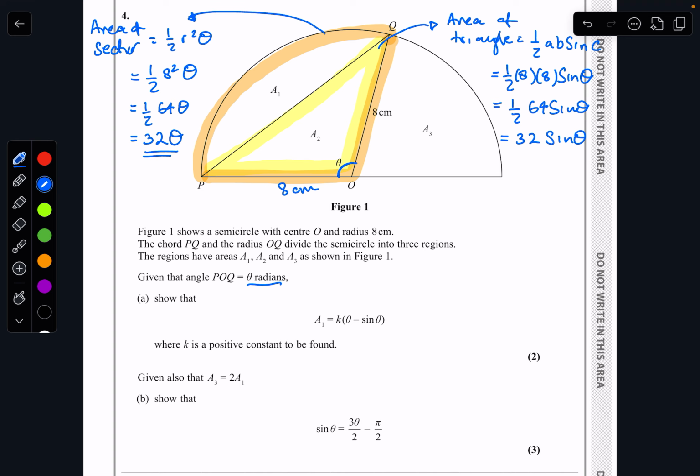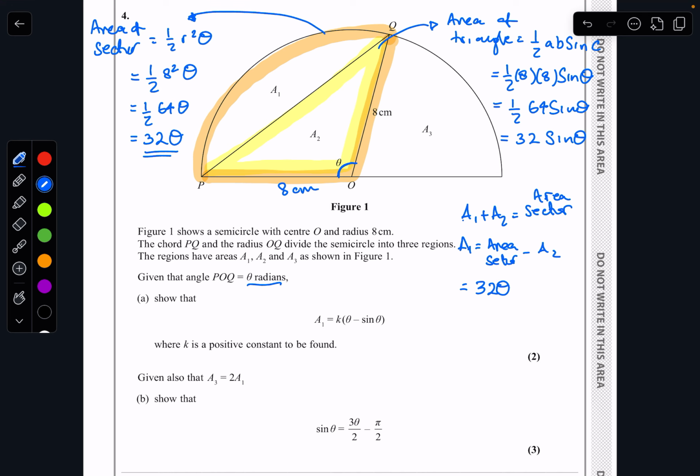So now I've calculated two parts. If you rewrite in terms of the formula, A1 plus A2 must equal the area of the sector. So if you want to calculate A1, it will be the area of the sector minus A2. The area of the sector, we just calculated to be 32 theta.